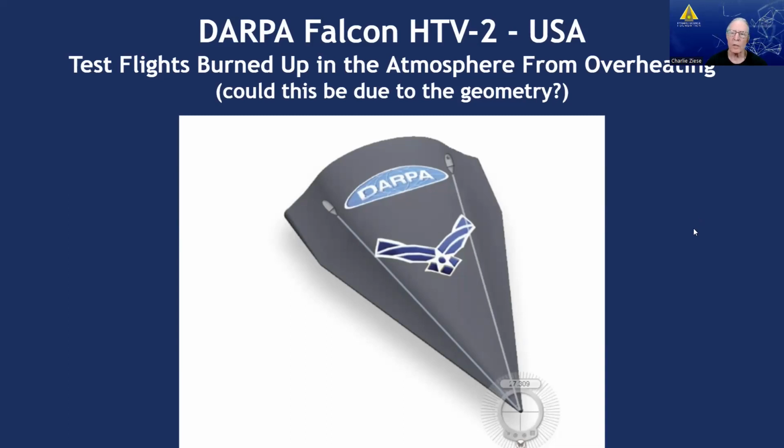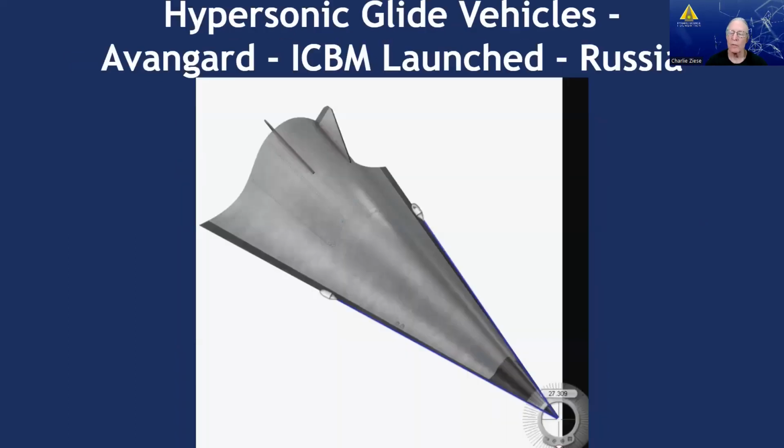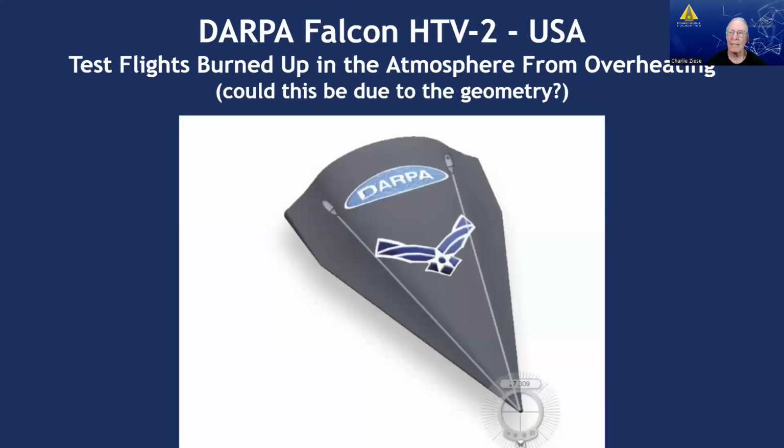Now, I will tell you that the current generation of hypersonic vehicles that I found on the internet that the US is developing have copied the Russian design and are now using this 27309 geometry, just like the Chinese and the Indians and the Iranians, who have all developed advanced hypersonic technology. So just showing you this ancient technology knew about this geometry, it's showing up how critical it is in contemporary technology.